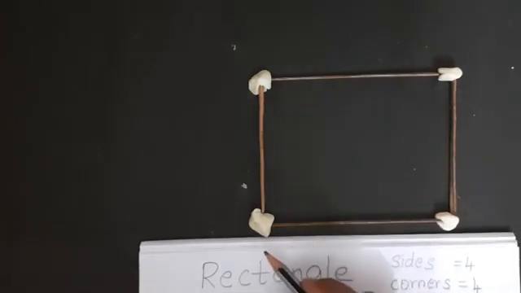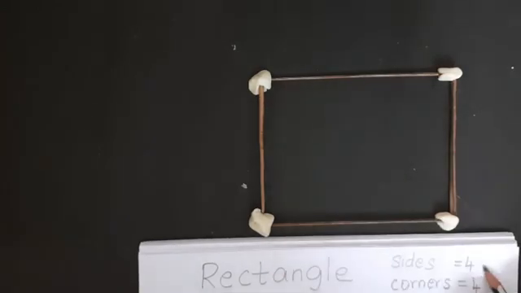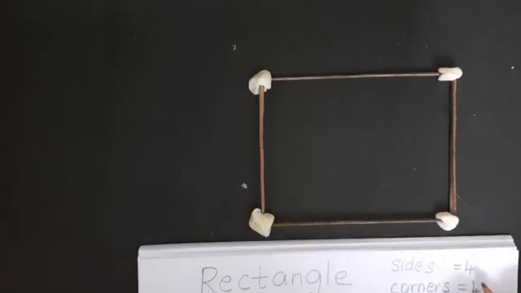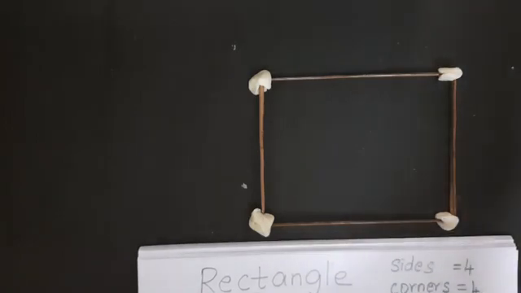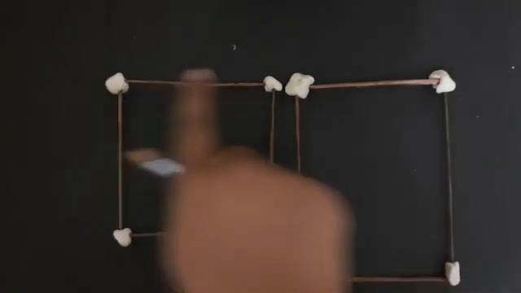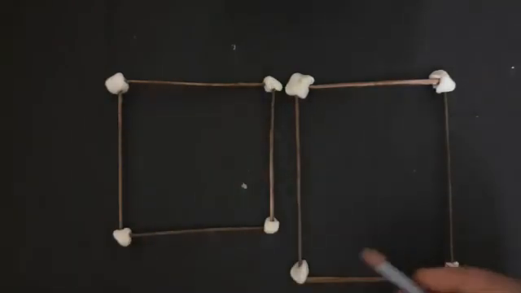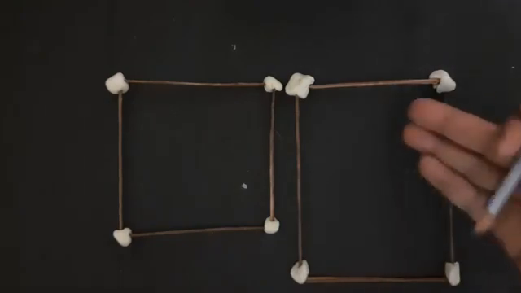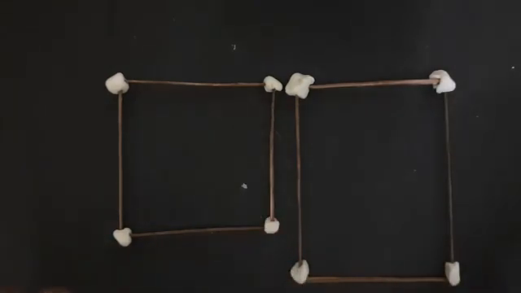So in a rectangle also we have 4 sides and 4 corners, but there is one difference. Yes, we'll see what that is. Now I have kept the square here and the rectangle here. In a square, all 4 sides are equal, and in a rectangle, opposite sides are equal.